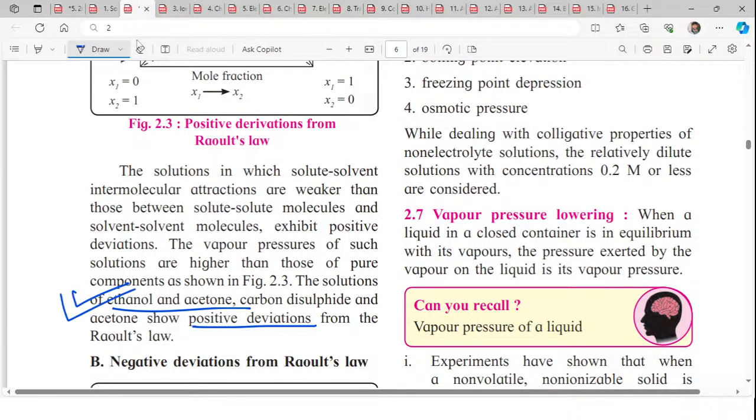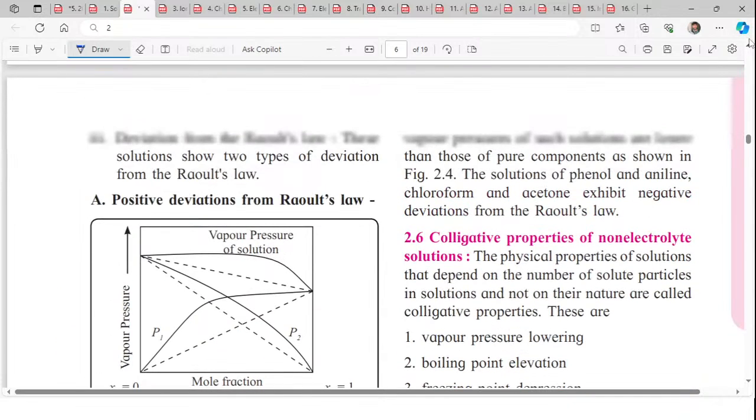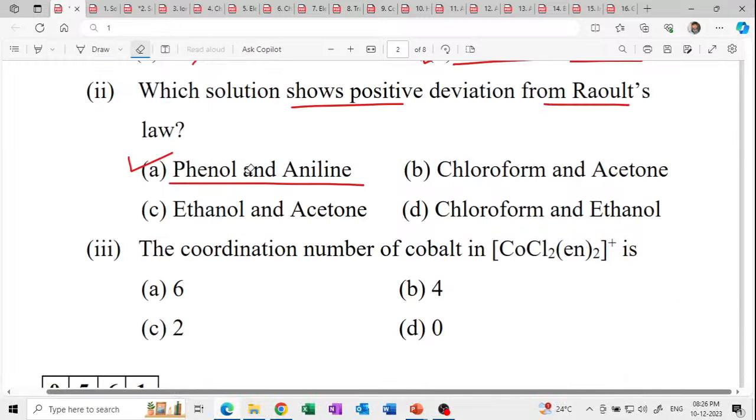And this is negative deviation. Phenol and aniline show a negative deviation.